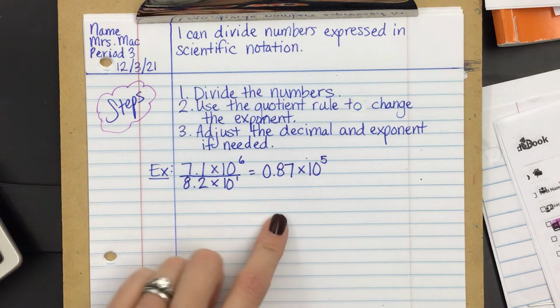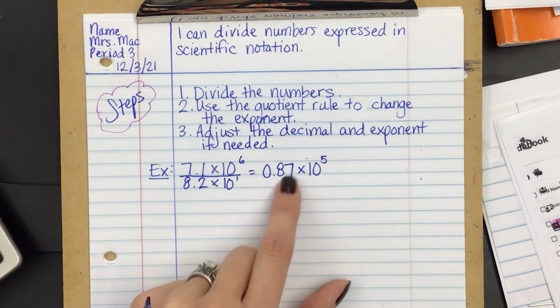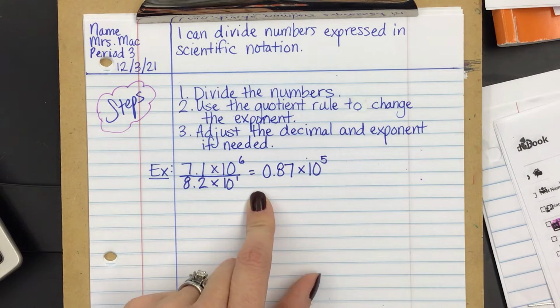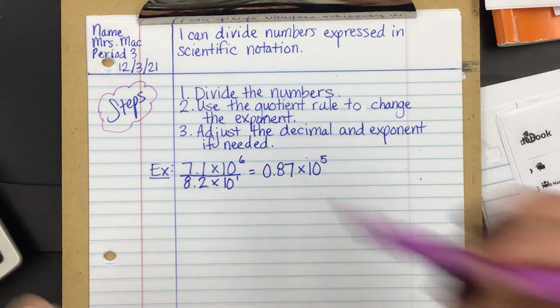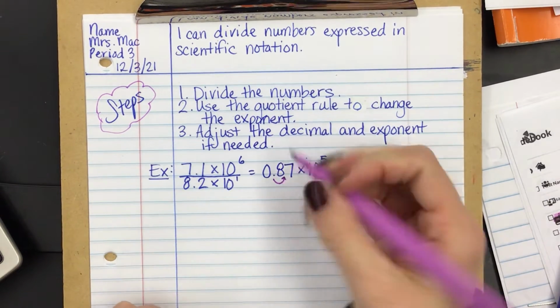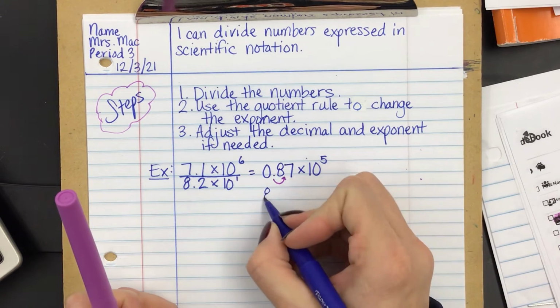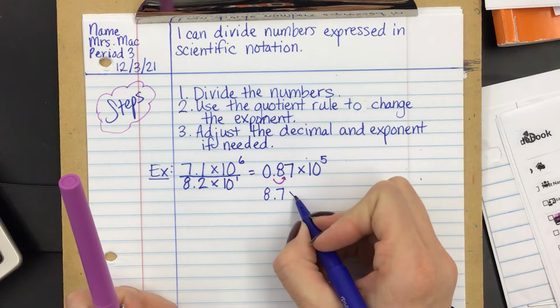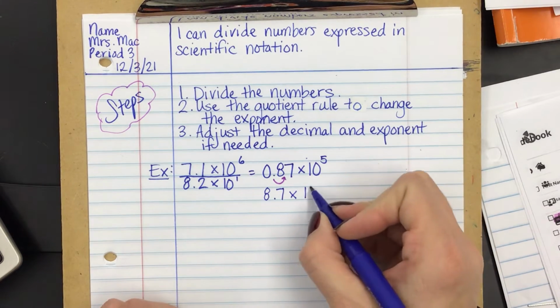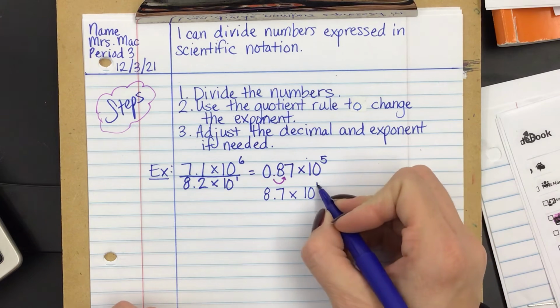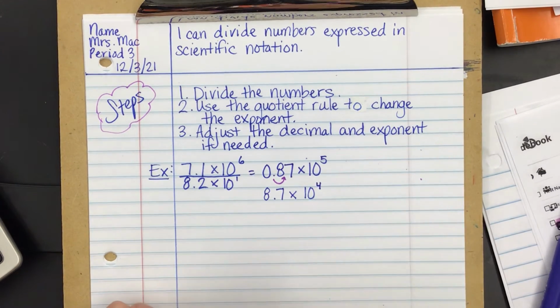Now this is great, except for this number needs to be between 1 and 10. So we're going to have to adjust that decimal. So this will be 8.7. Now if the number is getting bigger, the exponent will get smaller. Good, there you go.